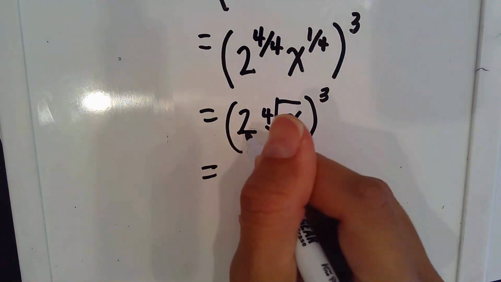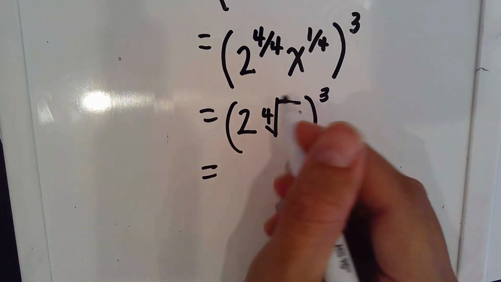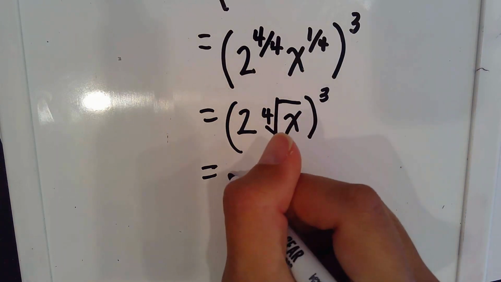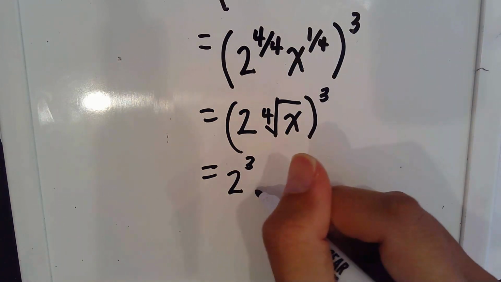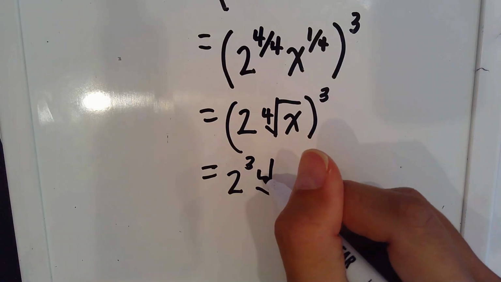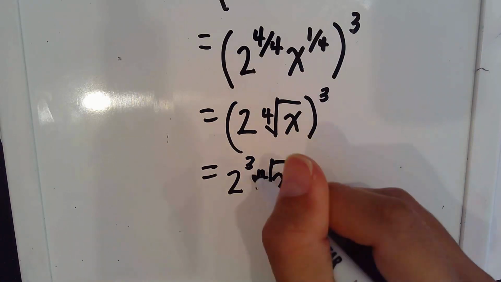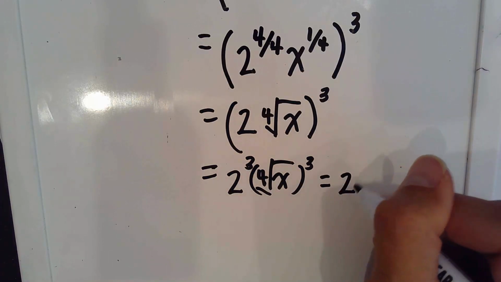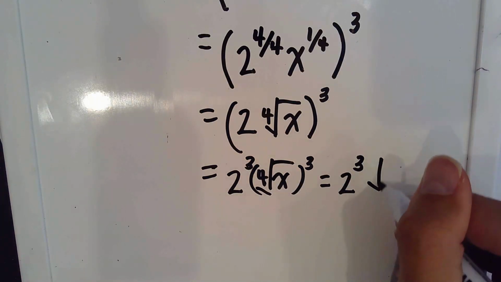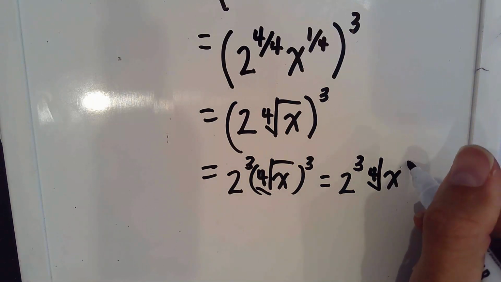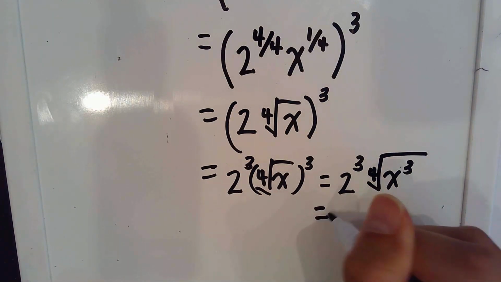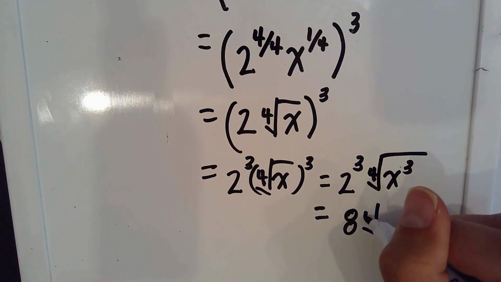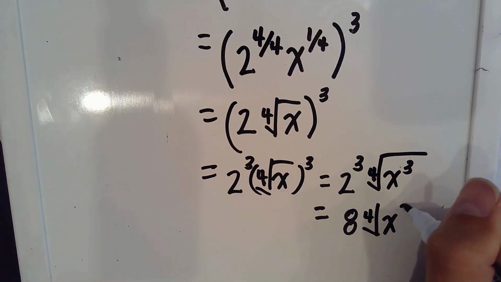Now I can say 2 to the 3rd, so now your rules of monomials here, so this is going to be 2 to the 3rd, and then this 4th root of x is also going to be to the 3rd power, but now remember you can write it on the inside as well. So this is going to be a 2 cubed, the 4th root of x, all of that cubed. So 2 cubed is going to be an 8. So the simplest form is 8, the 4th root of x cubed.